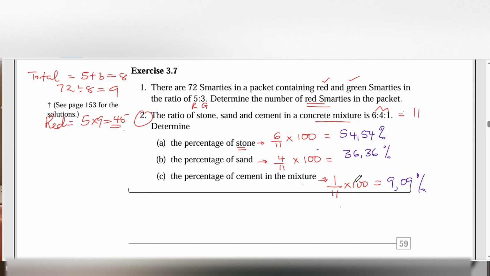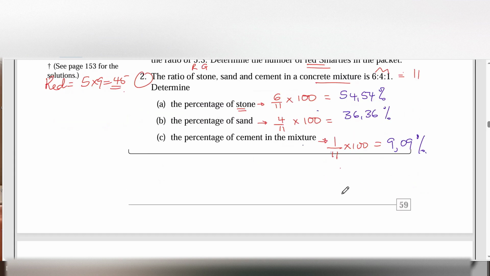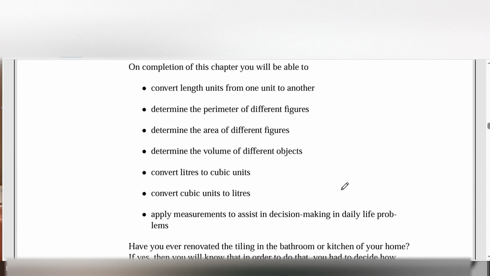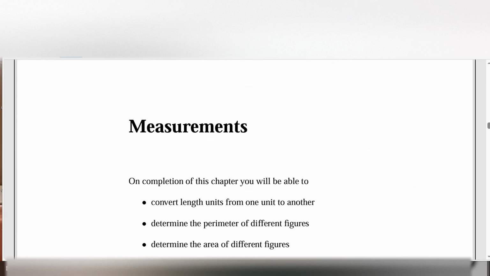3.7. Now we have the next page. The next page talks about chapter number 4. And in this chapter, it's more about the measurements, okay? So what they're telling us is that within this chapter, there are things that we need to understand. Number one, we need to know how to convert lengths.